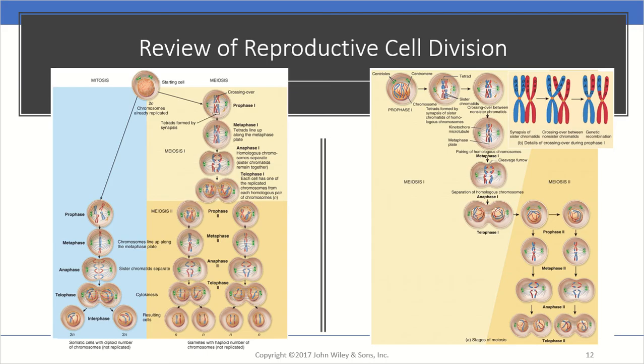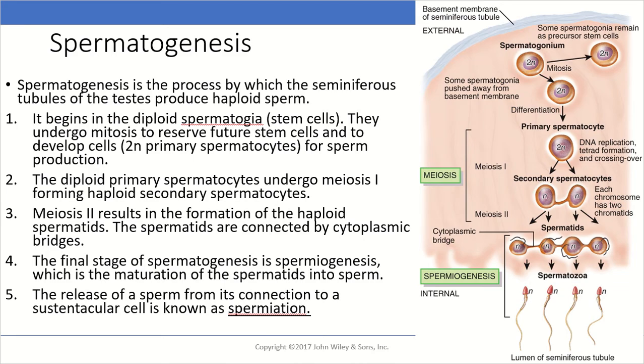So here's just a slide for your own information, looking at a review of the reproductive cell division, the various stages of meiosis, which is going to be important for some of our later discussions. Specifically, we need to know about meiosis to understand better the process of spermatogenesis.